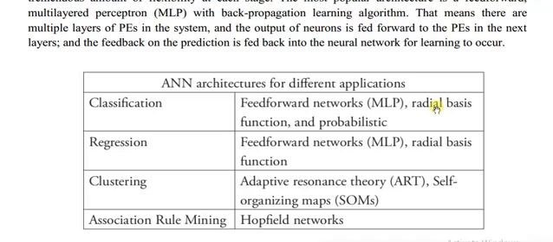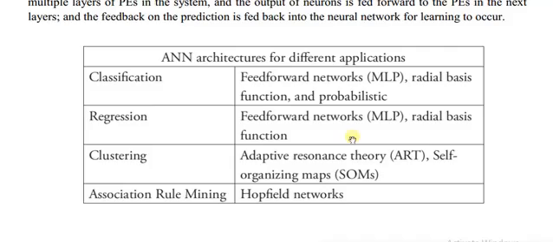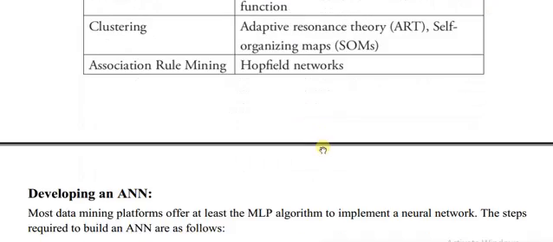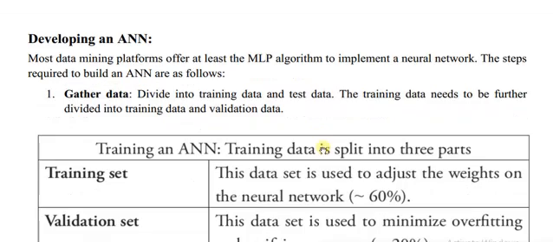So, these are the different neural network architectures that can be used to perform different data mining tasks, and all the data mining tasks can be performed with different types of artificial neural networks. Next, coming to developing an artificial neural network. Most data mining algorithms offer at least the multi-layer perceptron algorithm to implement a neural network.